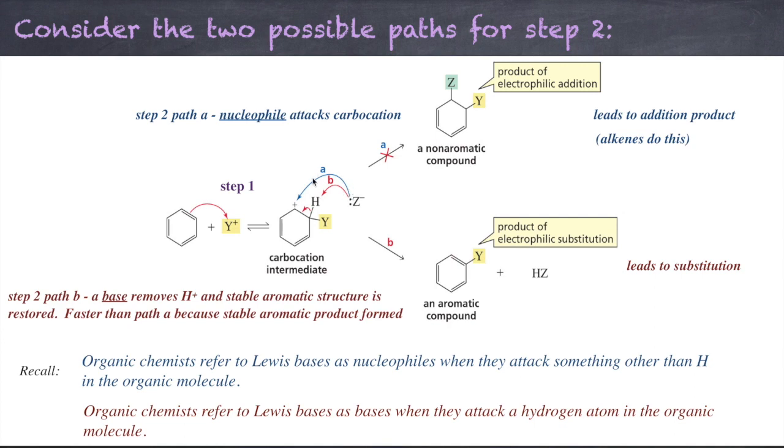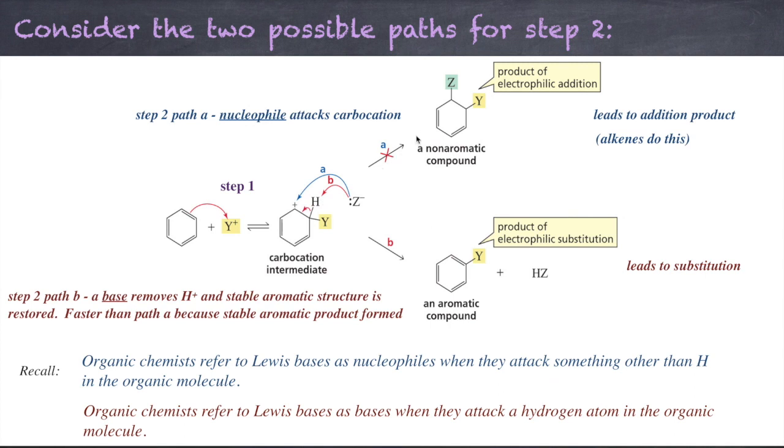When it instead attacks another atom other than hydrogen, like the carbocation carbon, and forms a bond to it, that is a base also. It's a Lewis base, but organic chemists call that a nucleophile. So just to remind you, if it attacks hydrogen and takes hydrogen, we call it a base. If it attacks some other atom and forms a bond to it, we call it a nucleophile.